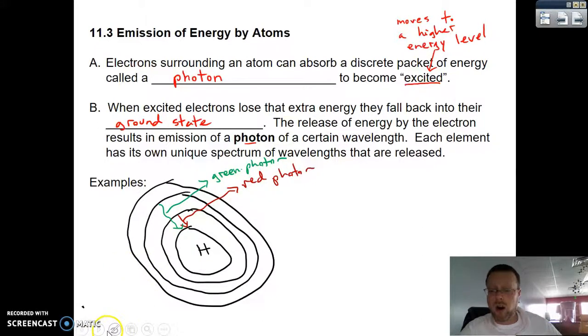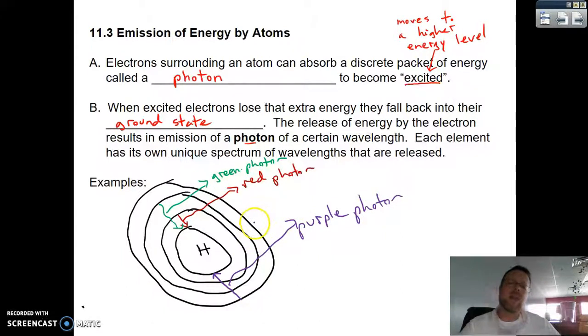If you had an even larger gap, when the electron fell from maybe the fourth energy level all the way down to the third energy level, that's a bigger energy gap. And so the photon that comes off is going to be higher frequency, higher energy, and it might release a purple photon in that transition, or a violet photon, I guess would be better to say.